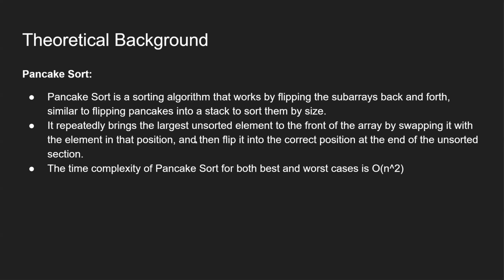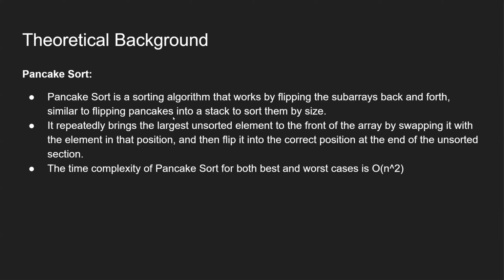So here's a theoretical background. Pancake sort is not necessarily too difficult to understand. It mixes up some of the other algorithms that we're using, but it's still a new one. Pancake Sort is a sorting algorithm that works by flipping subarrays back and forth, similar to flipping pancakes in a stack to sort them by size.